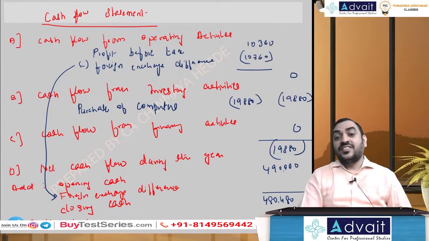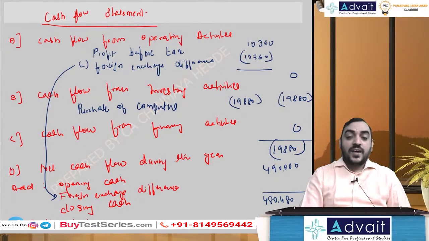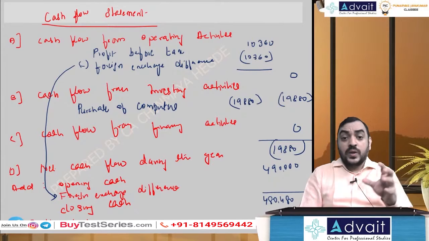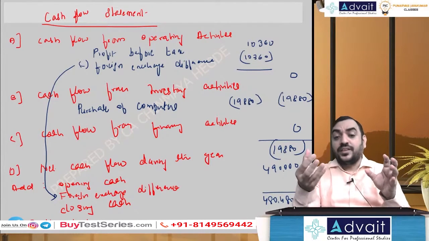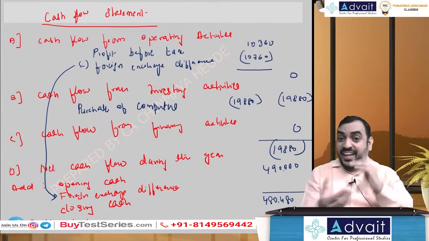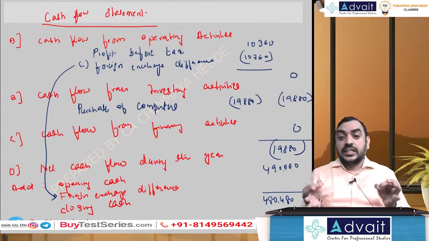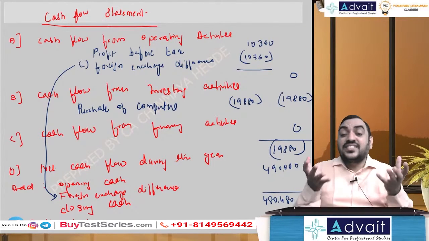Opening cash USD we have, closing cash USD we have, cash equivalent. When the rate changes, for example, you have 1,000 US dollar, at 60 rupees, which became 62 rupees. 2 rupee gain, you will take it to P&L, but that is unrealized gain, because the cash USD, you have not sold it. It is unrealized gain.